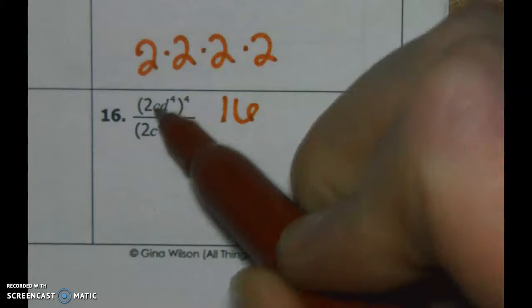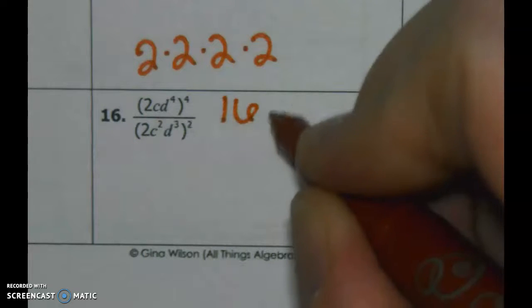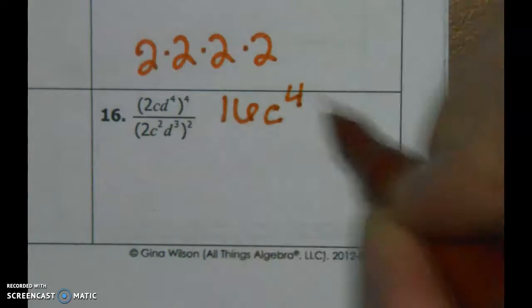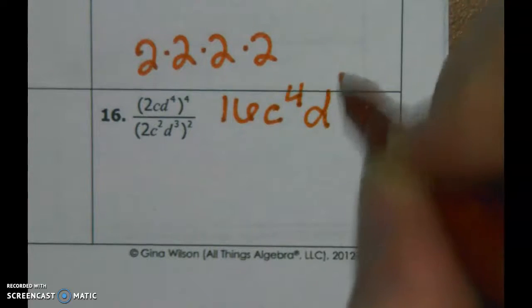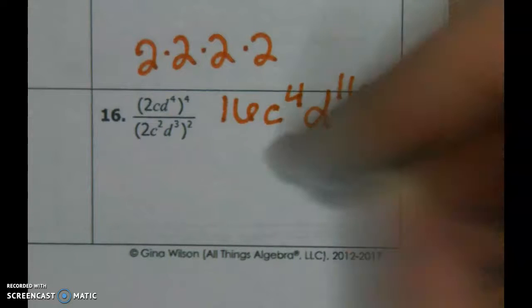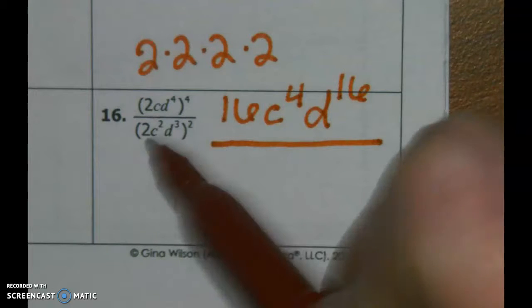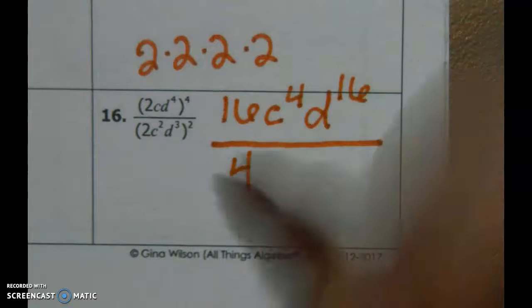So we have 16, then 4 times 1 is 4, and 4 times 4 is 16. There's our numerator. Here's our denominator. 2 squared is just 4.